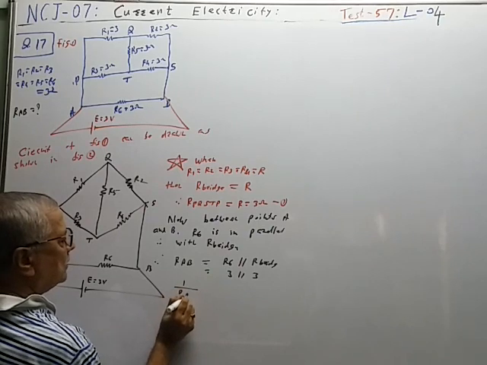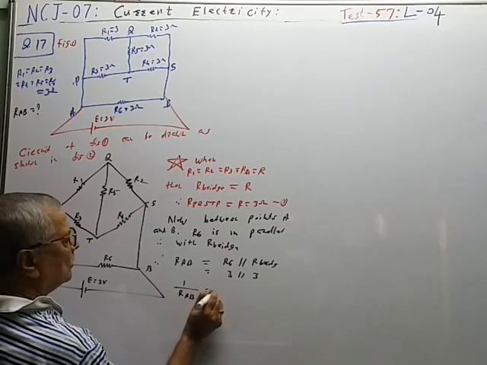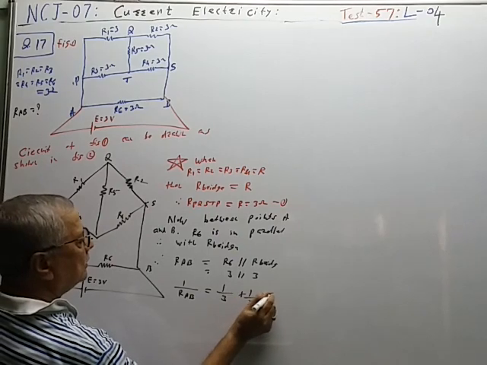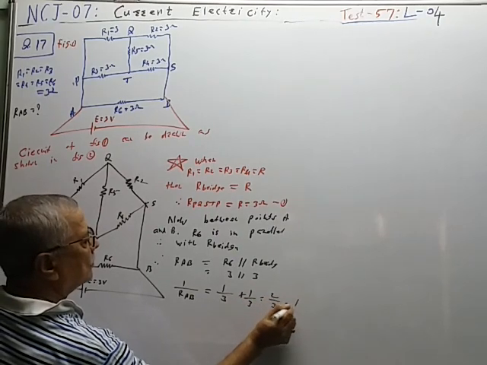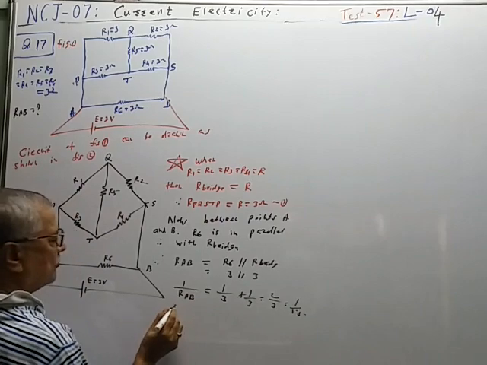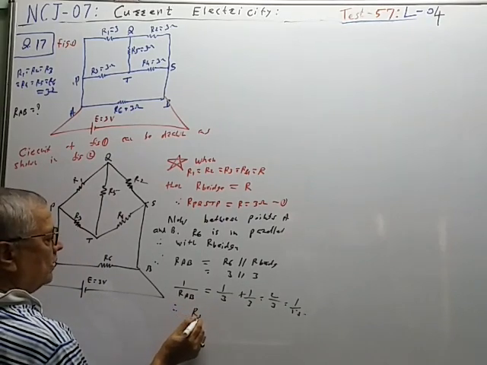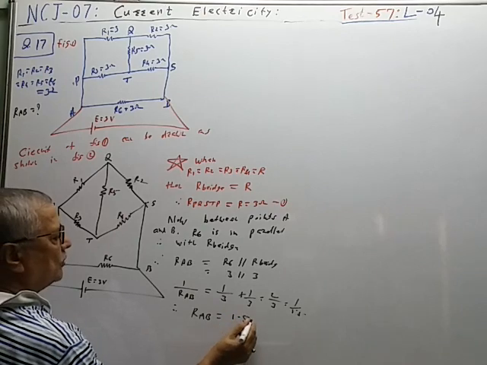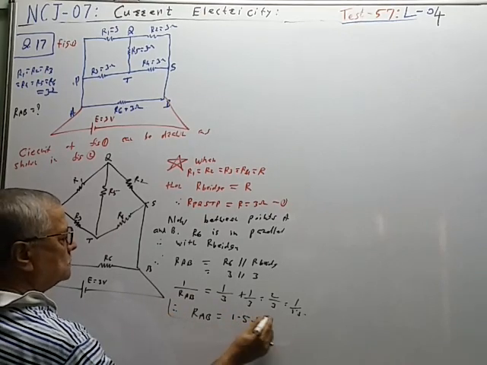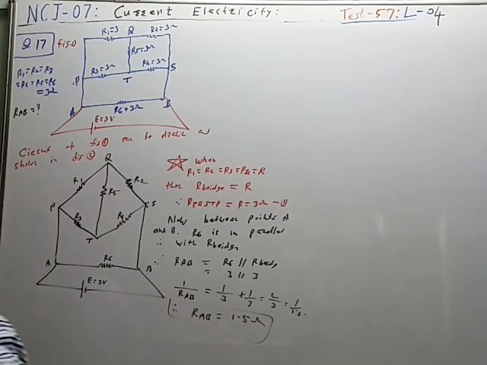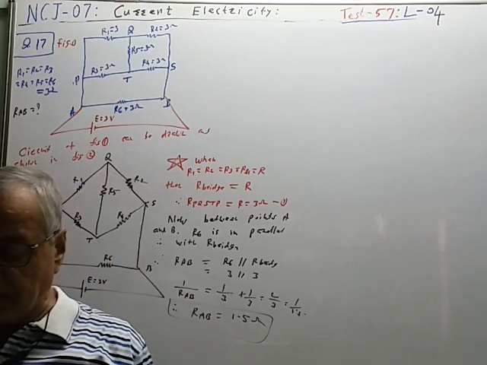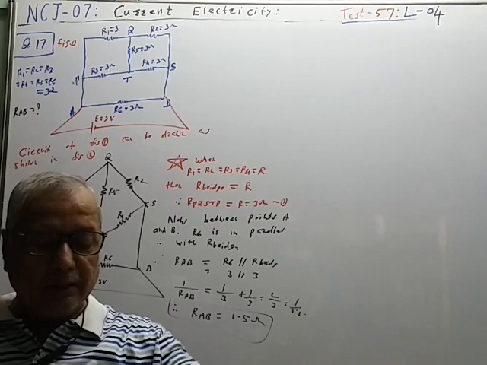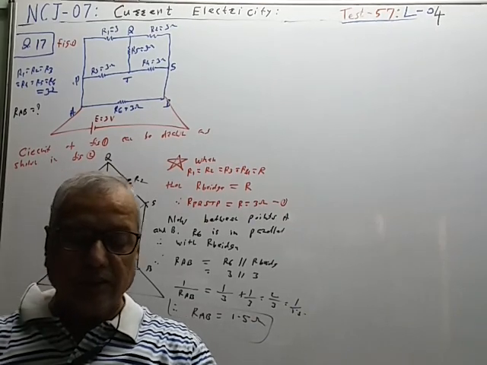Therefore 1 upon RAB is equal to 1 upon 3 plus 1 upon 3, 2 upon 3, 1 upon 1.5, and therefore RAB is equal to 1.5 ohm. पहिल्या पार्टचा आन्सर तर 1.5 मिळालं, त्याच्यामुळे ए आणि सी कट झाले, बी आणि डी फक्त राहिले. ओके.